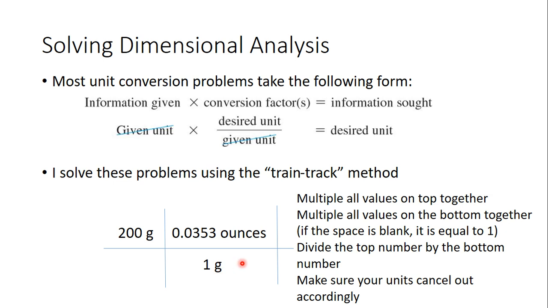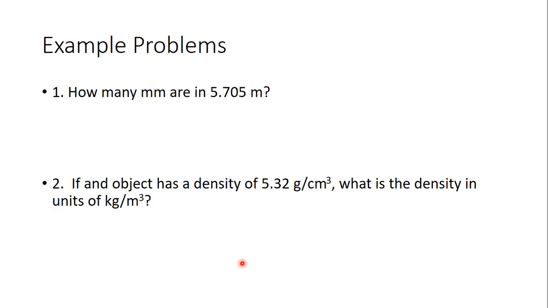And just note, for any dimensional analysis problem or any problem in chemistry, follow your units. If your units don't cancel out correctly, you have done the math wrong. Your units will tell you if you're doing the math right. So let's take this concept and try to figure it out ourselves.